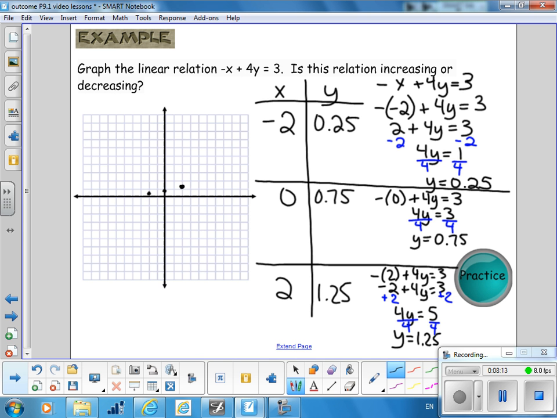So right in around here. So then we take our line and we go through those points the best that we can, extending in both directions, and we put arrows on the end. Left point towards the right point, we are rising, so this is an increasing relation.